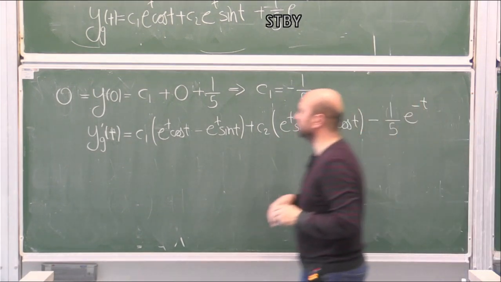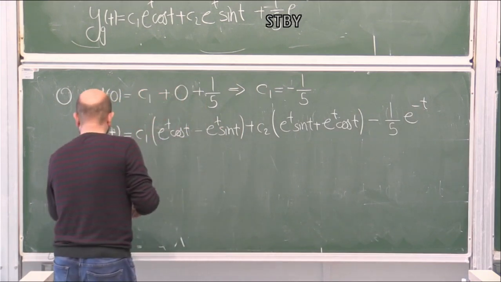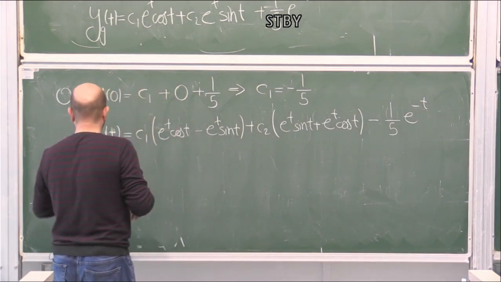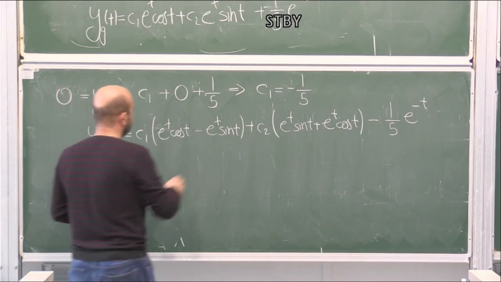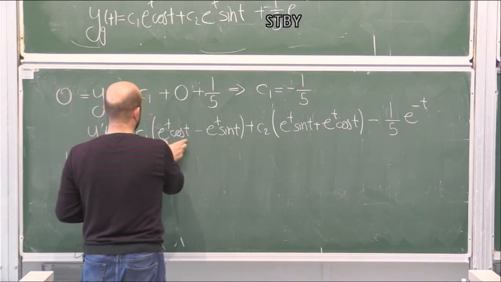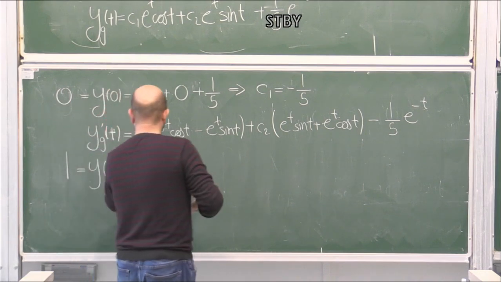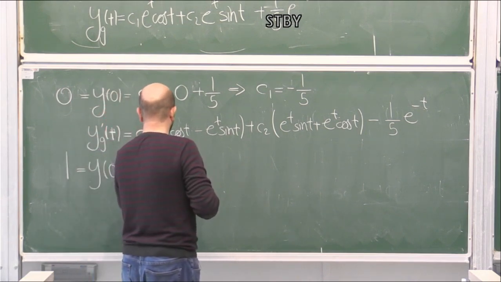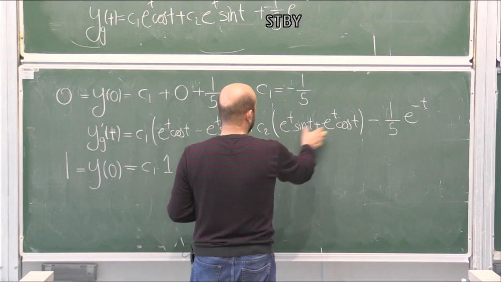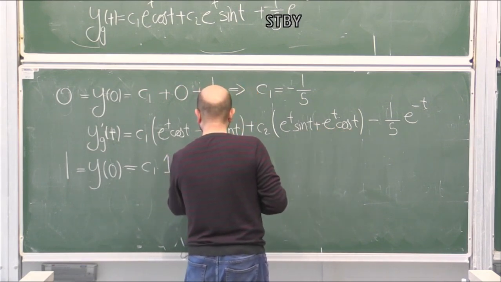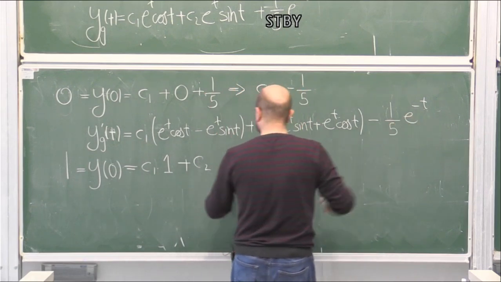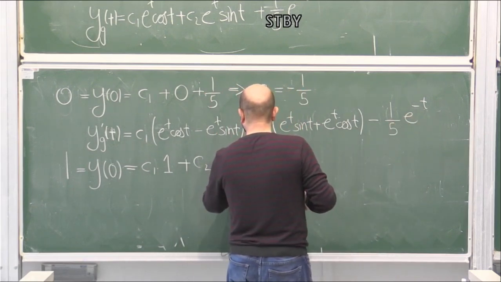In this thing, if you plug in 0, then we must get 1. Sine 0 is 0, so we have c1 times 1. And again, sine is 0, we have cosine here, which is 1, plus c2. And if you plug in 0, we have minus 1 over 5.